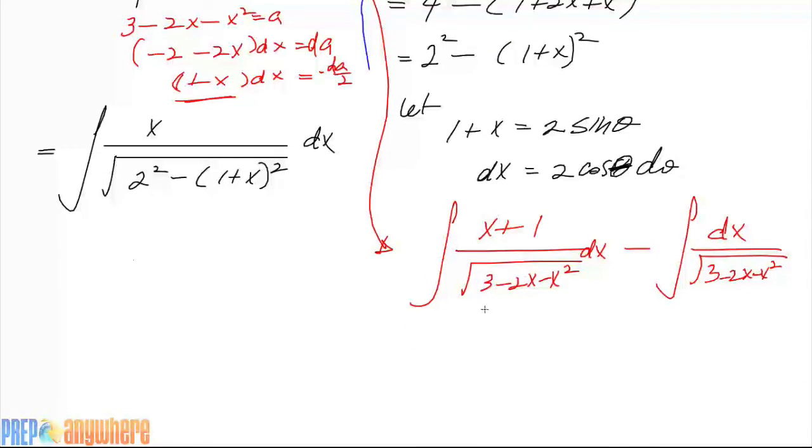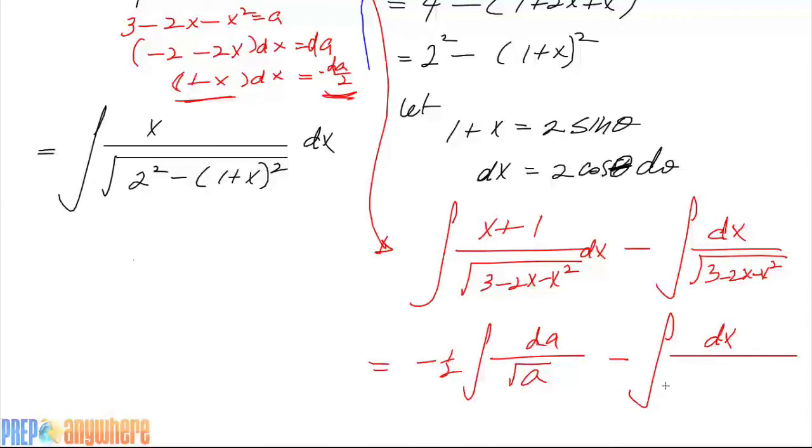Now this first part is going to be minus half, so make the substitution: minus half dA all over square root of A. And for only this second part, we're going to use trig substitution, which we just did right here. See this part here? I'm going to replace it back in there. It's going to be 2 squared minus 1 plus x squared.